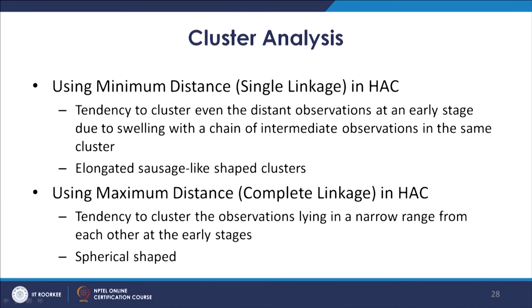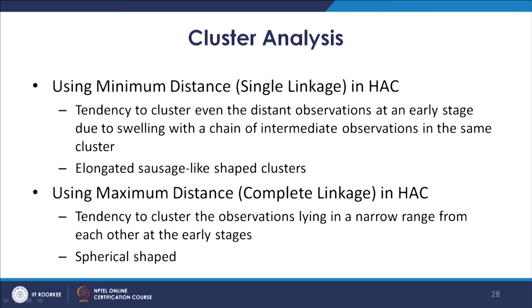So let's talk about the different distance matrices and how they influence the HAC algorithm. If we are using minimum distance or single linkage in HAC, what are the important points?